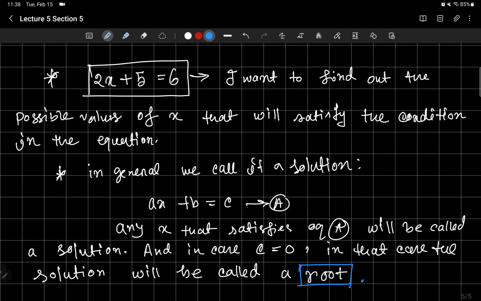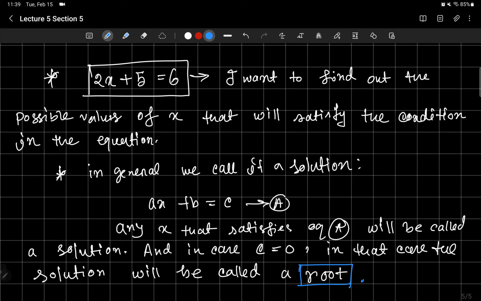Whenever we talk about solving equations, we find a particular value of the variable, or the possible values. There might be many solutions, there might be no solutions. There might be cases where you have a quadratic equation or a cubic equation where you'll have 2, 3, 4, 5 roots, or multiple solutions.